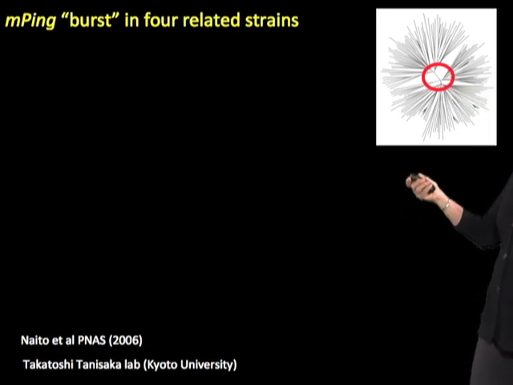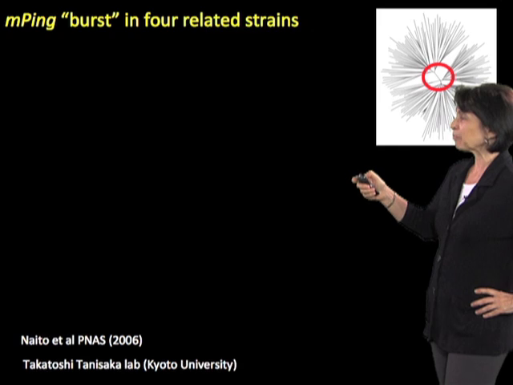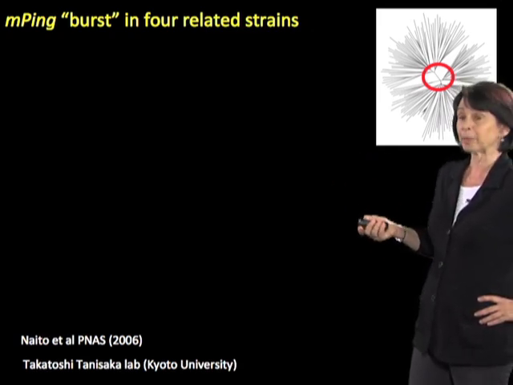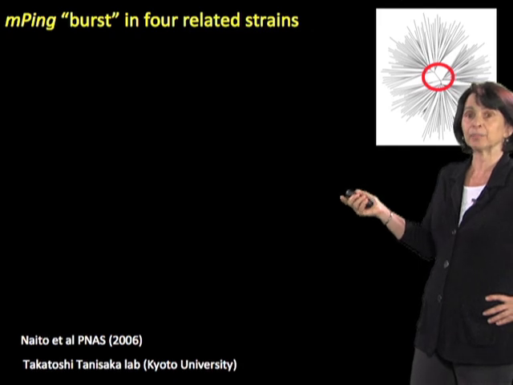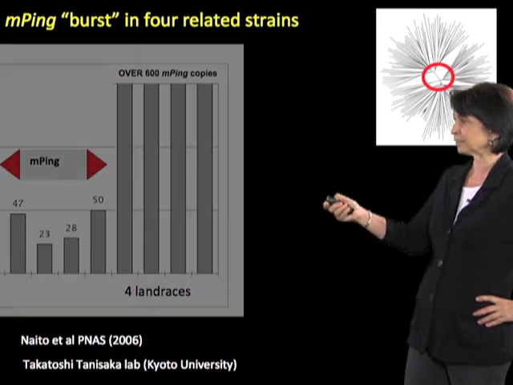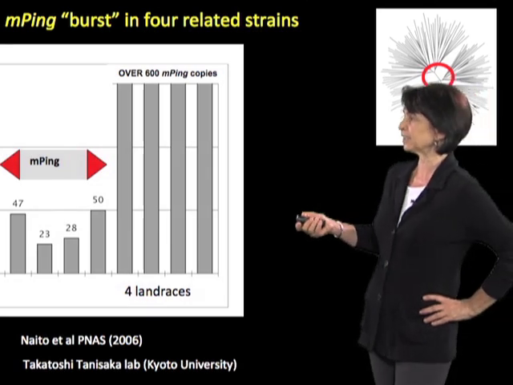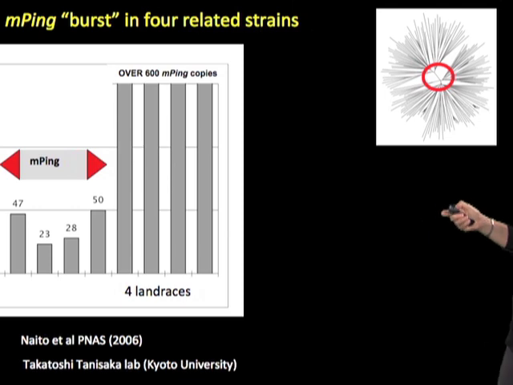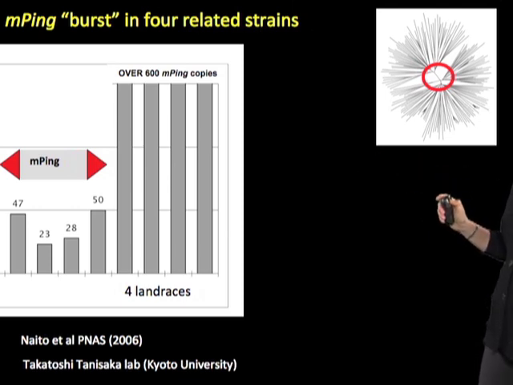So fortuitously, two other groups in Japan had identified the Emping element, but they identified it in plants, in living plants. And I'm going to talk about those plants in a second, but when we analyzed those plants, we found that these 4 related land races, as is shown here, had over 600 copies of the Emping element.